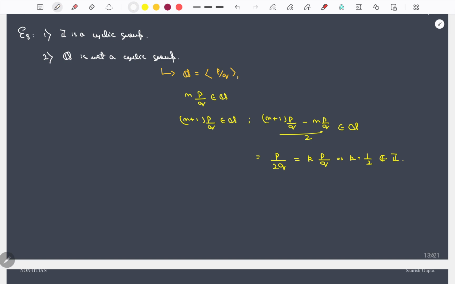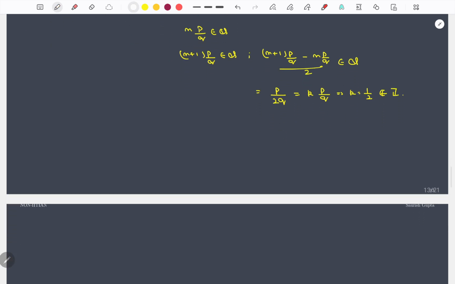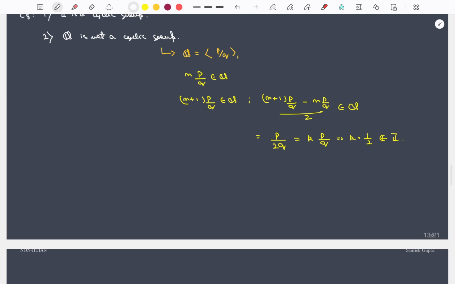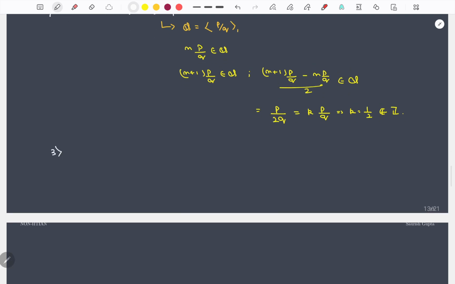Fine. Okay. Yeah, in fact it's a very important result in group theory as well, that in R plus, a subgroup is either cyclic or dense topologically.